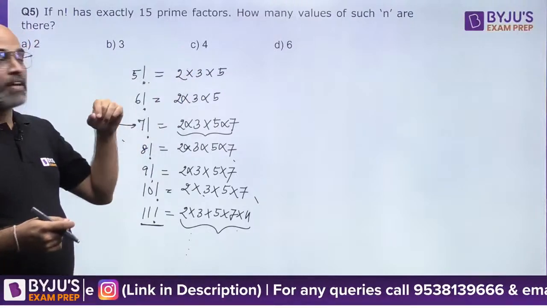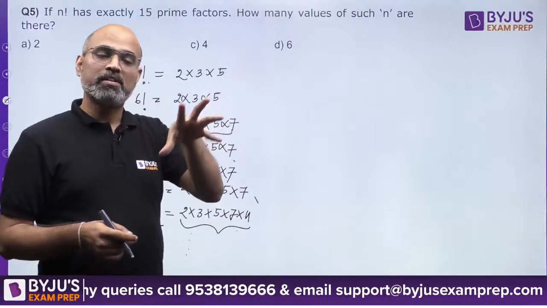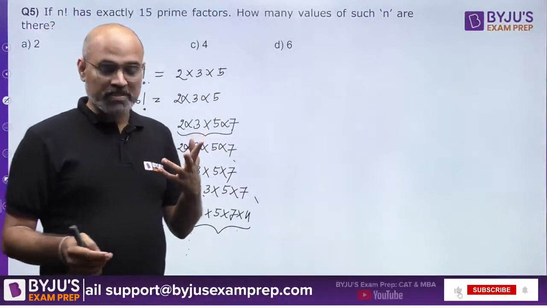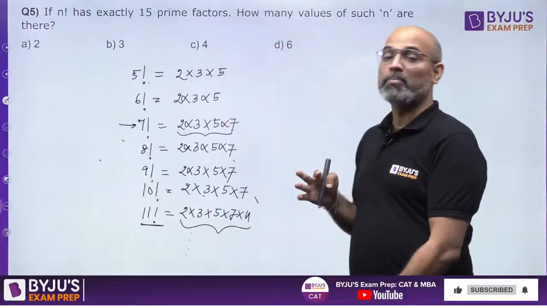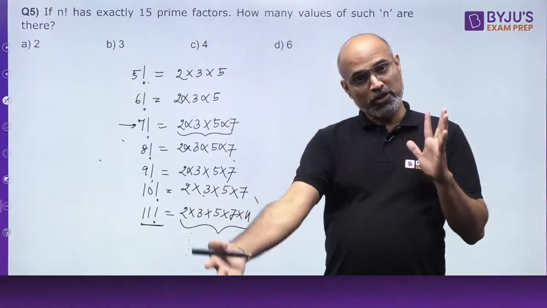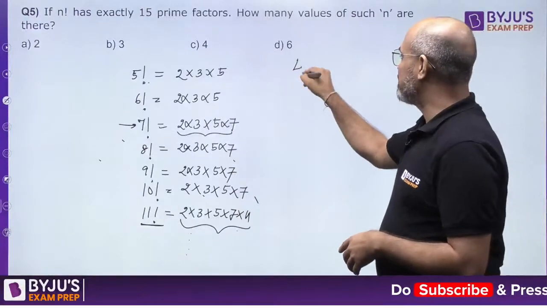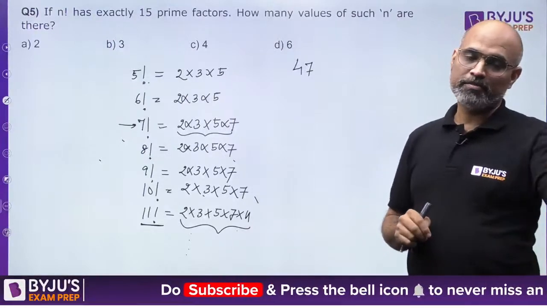In a very similar way, I have to figure out the first prime number which is actually the 15th from the beginning. So this is a part of the numbers topic that you guys should remember very, very well. What are the first 25 prime numbers, which are the first 15 prime numbers, and so on. So 47 is your 15th prime number starting with 2.